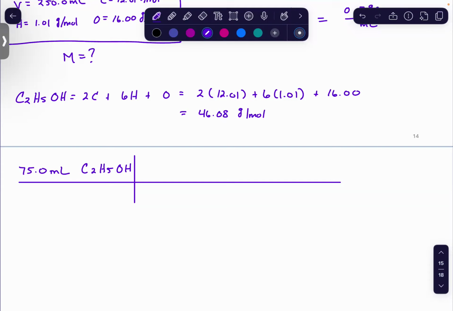So then we want to get this to moles. So we're going to step through density. I know because I have milliliters of my ethanol, and I know that I have 0.79 grams of ethanol per milliliter, which of course now we see that milliliter slides out. Well, but now that I have grams, I can divide by the molar mass.